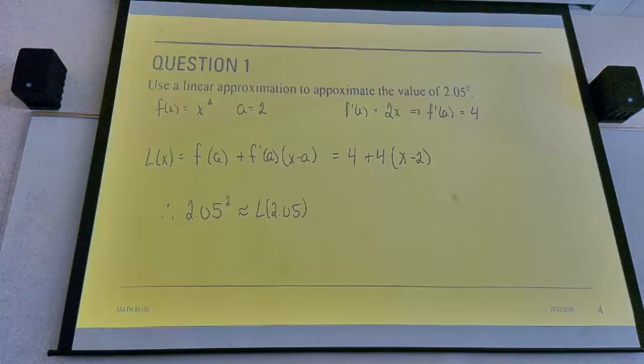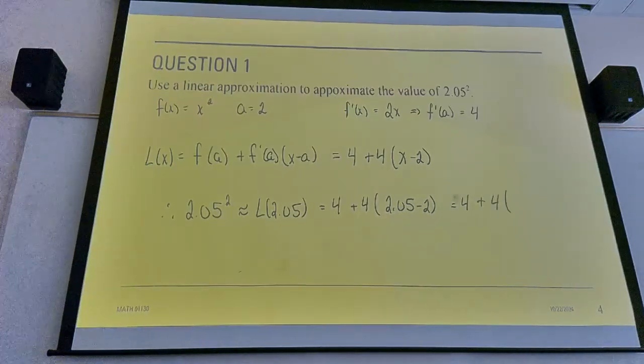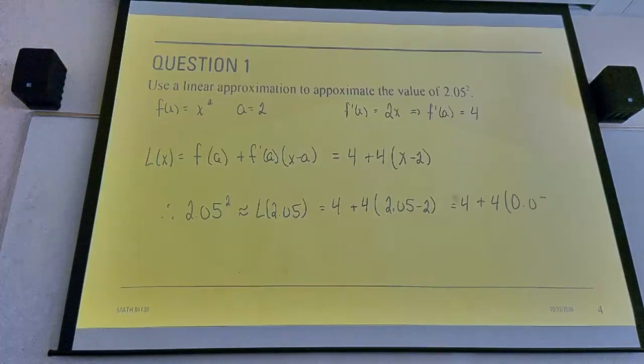So 2.05 squared is approximately L of 2.05. .05 is the difference. 4 times 0.05 is 0.2. 2.05 squared is approximately 4.2.